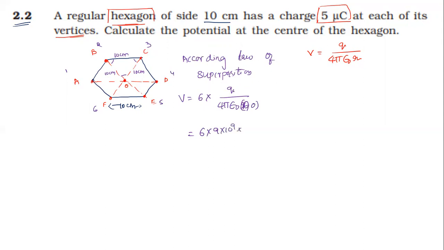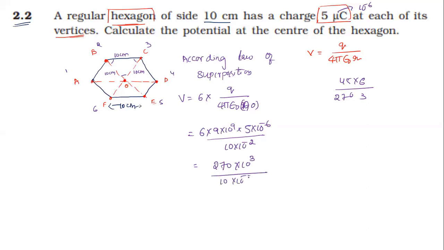The value of 1 by 4 pi epsilon naught is 9 into 10 power 9, and Q value is 5 into 10 power minus 6, because micro means 10 power minus 6. Divided by the distance, 10 centimeters, so 10 into 10 power minus 2. So it will be 45 multiplied by 6, which is 270 into 10 power 3, divided by 10 into 10 power minus 2.